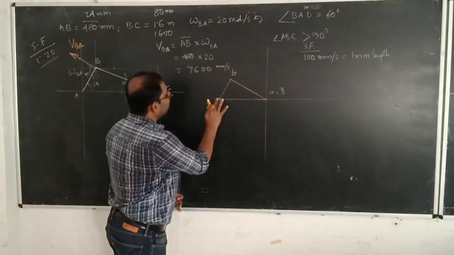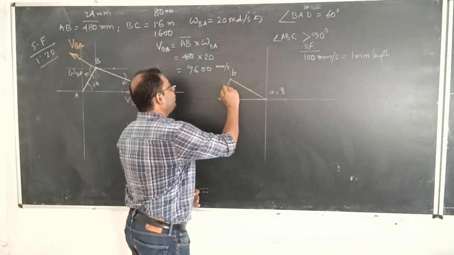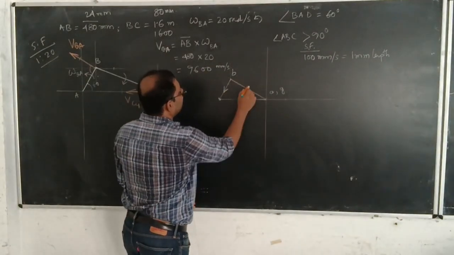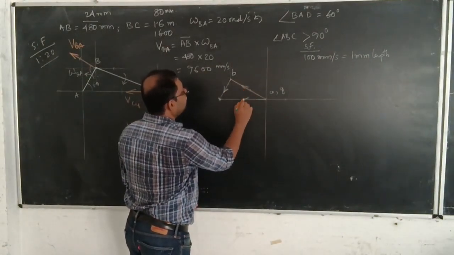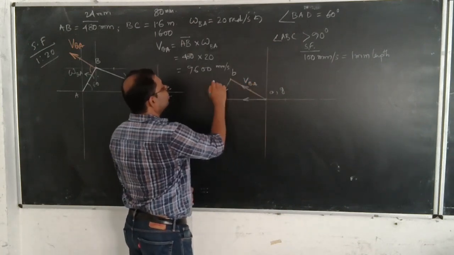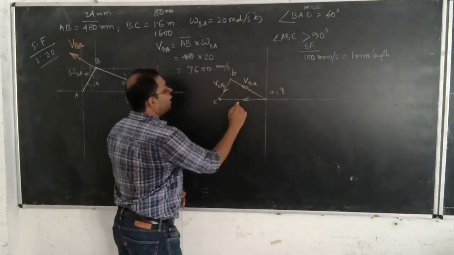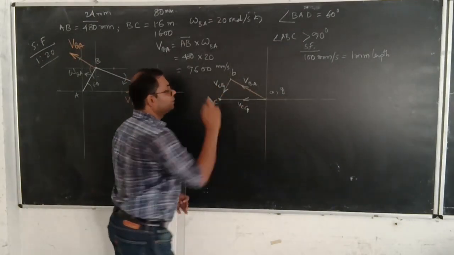So erase or remove this part, erase or remove this part also. So from here to here, mention the direction. So this will be your BBA, this will be your BB, DCB, and this is DCG.